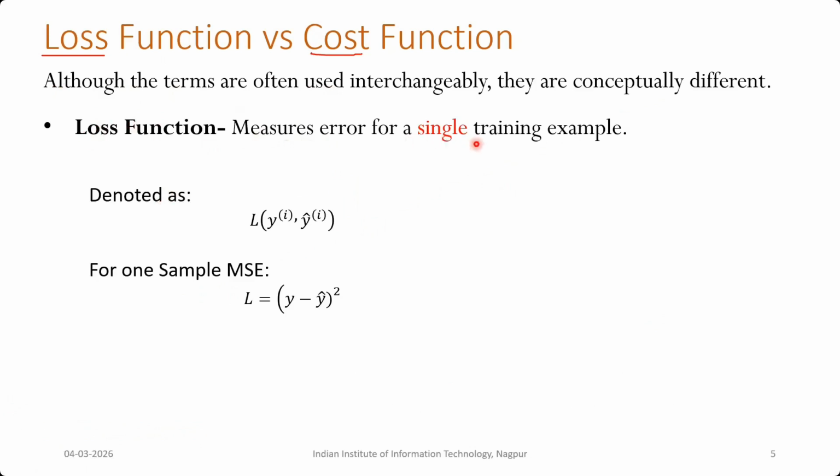The function used to calculate that error is your loss function. This is denoted by L(yi, y hat i), where yi is your actual value and y hat is your predicted value.